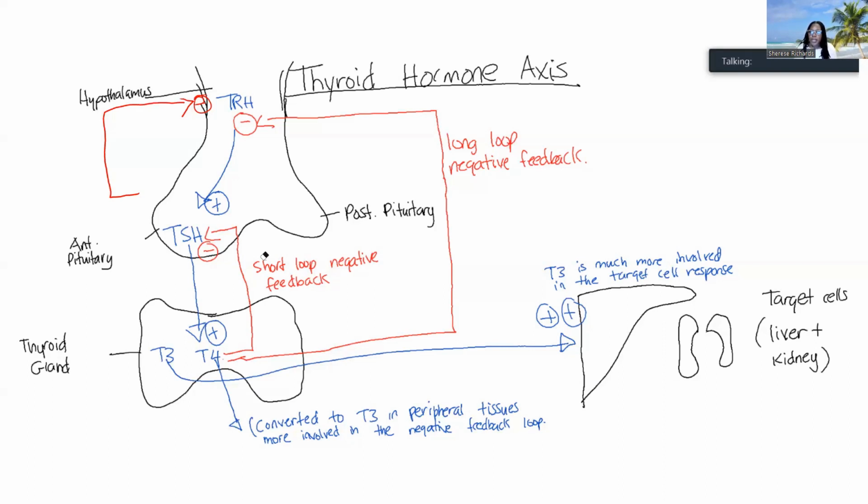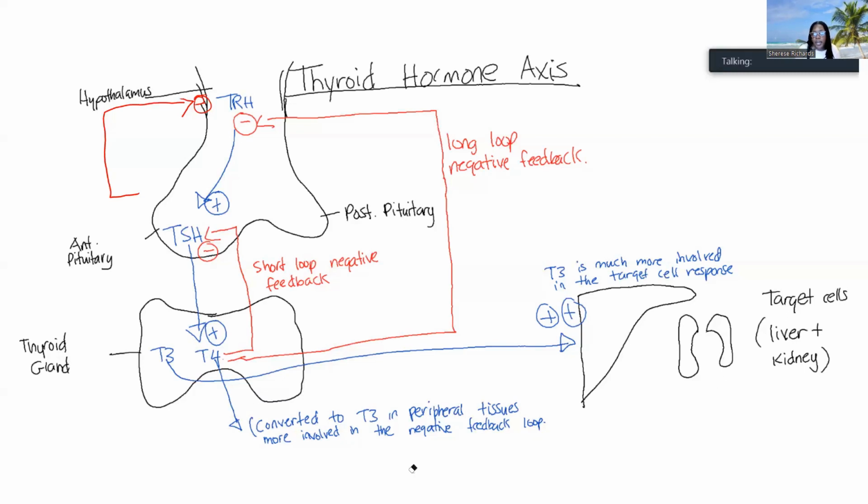Now, when we distinguish between T3 and T4, T3 is usually more actively involved in the target cell response. So usually when T3 and T4 are secreted, T3 will be the active form, it's going to be the more abundant secretion as well, and it will go to these cells and begin to have those calorogenic effects that we talked about.